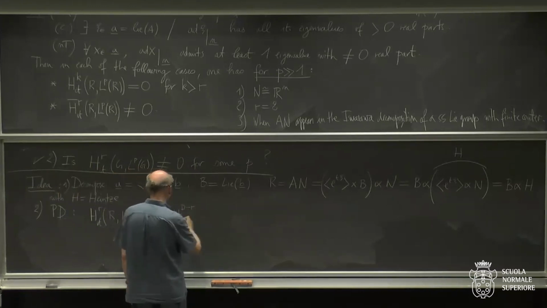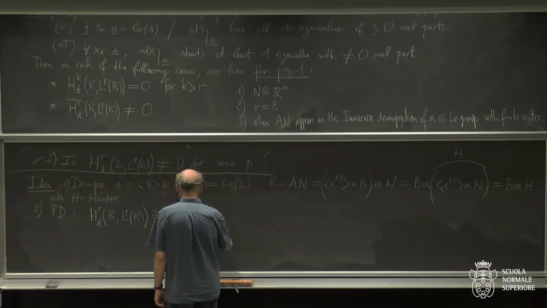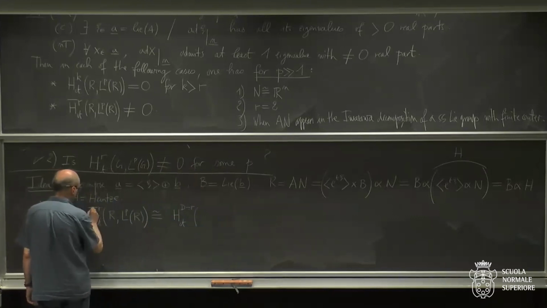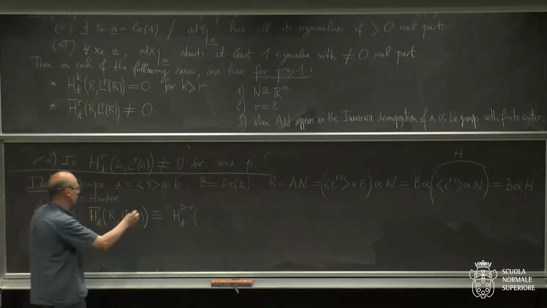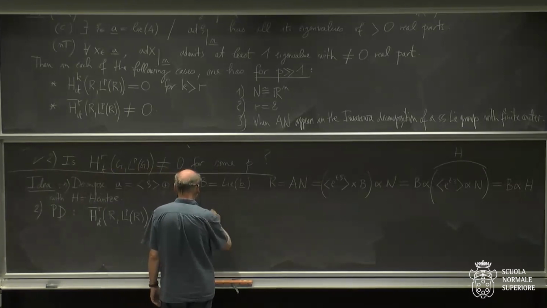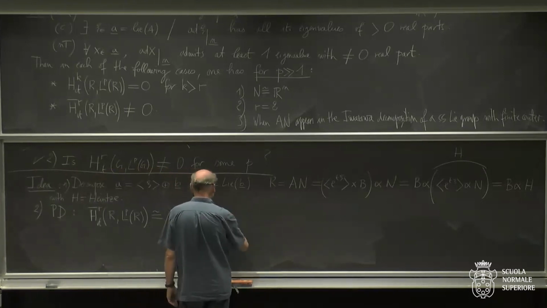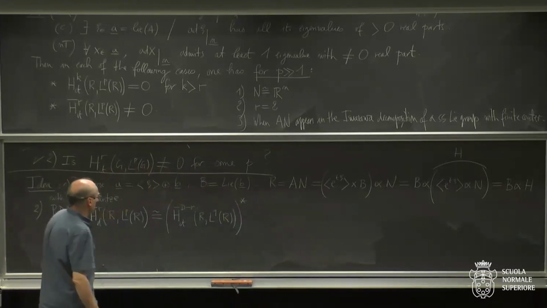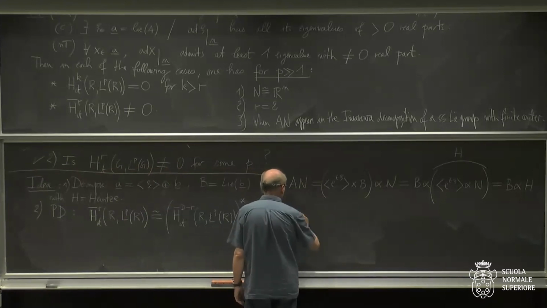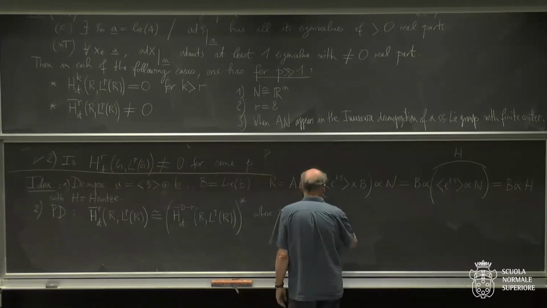So d will be the dimension of our group. I should take the reduced cohomology. So this is the reduced cohomology of R with value in the conjugate of Lp, which is Lq, and everything dual. So here, d is the dimension of R, 1 over p plus 1 over q is 1.